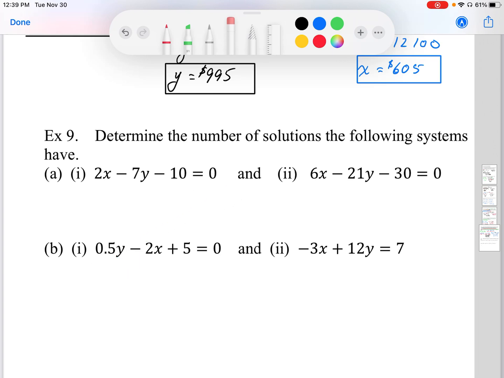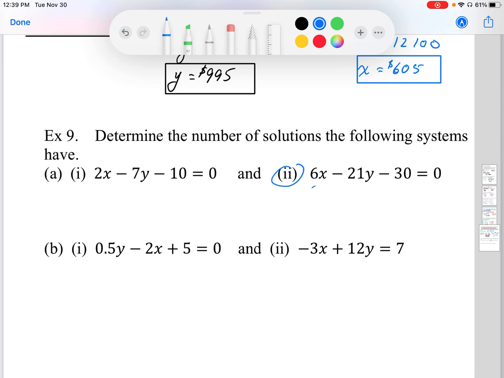So looking at one, what I'm going to do is simplify equation 2 and see what happens. And in fact, when I take equation 2 and I divide out the common factor, equation 2 has a common factor of, looks like 3.